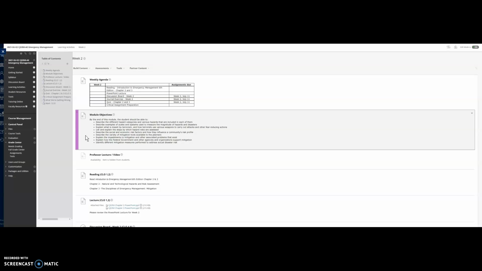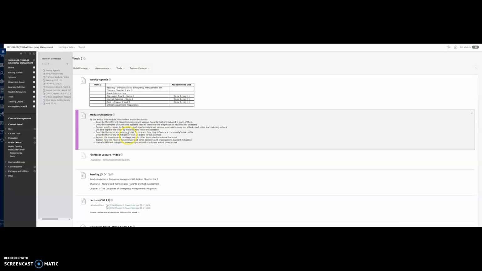We have occurrences that happen here in the nation and abroad, and sometimes it's quick to throw out the word terrorism, but we need to actually know what it is. You'll list and explain the steps by which hazard risks are assessed, and I think that's probably the most important portion of this chapter, making sure that you understand the steps that are part of that hazard risk assessment.